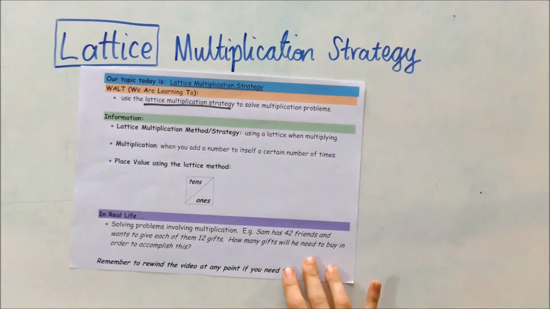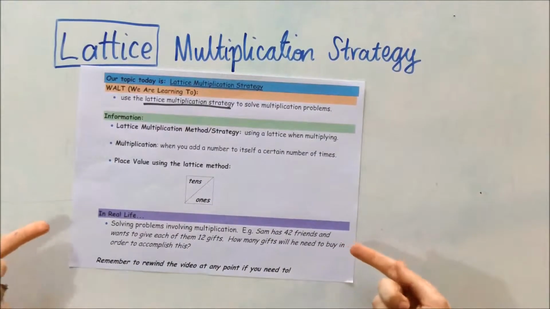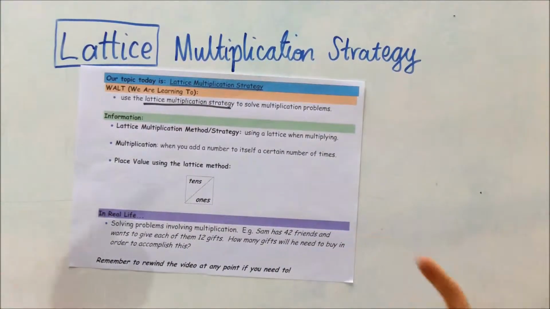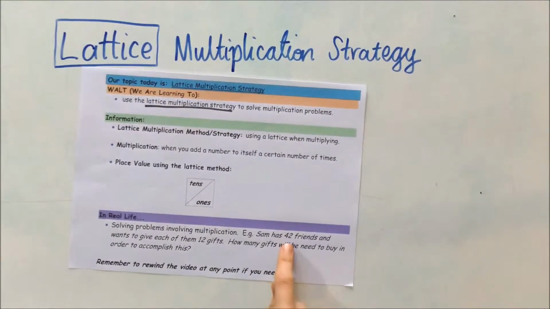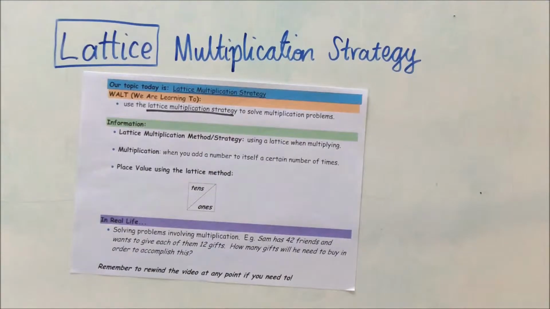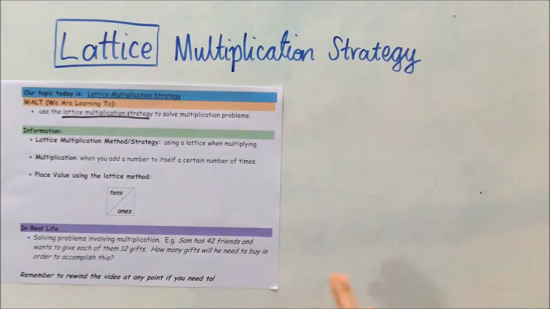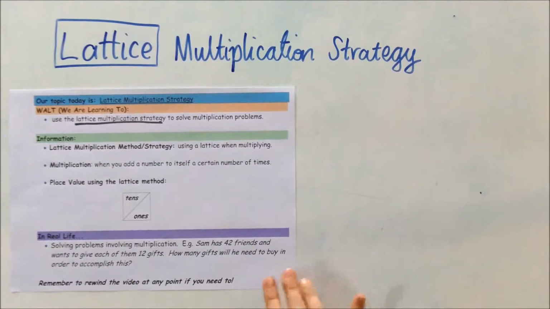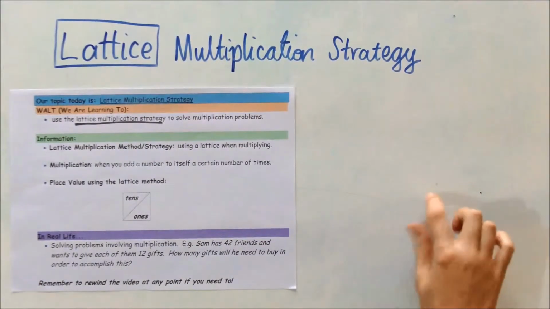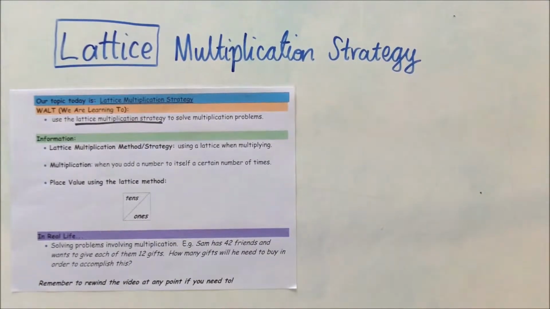For example, let's say Sam has a party and has 42 friends and wants to give each of them 12 gifts, how many gifts will he need to buy in order to accomplish this? These are everyday problems, not necessarily the number of friends and gifts that you would give them, but we do encounter these sorts of problems every day, and sometimes it's actually nice to have a few strategies up your sleeve to not have to rely on a calculator all the time to solve those problems.